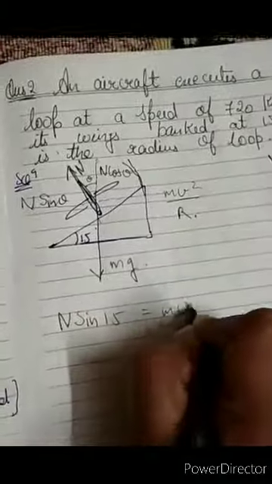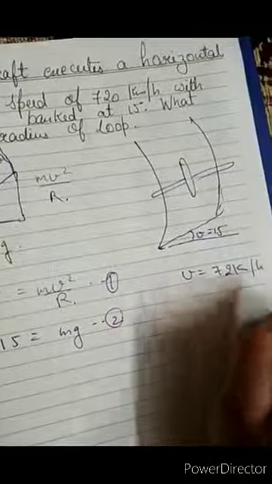Now look, N sin 15 is equal to mv square by r. Fine. And N cos 15 is equal to mg. Let's say this is equation 1, and this is equation 2. One more thing, v is equal to 720 km per hour.